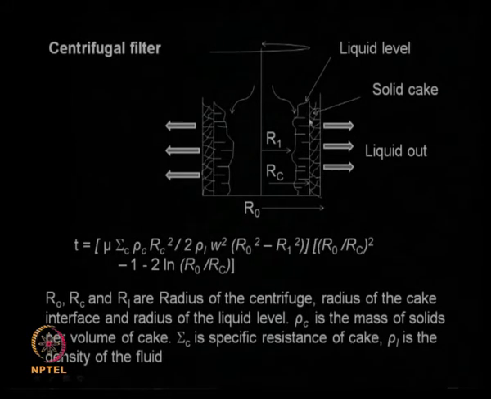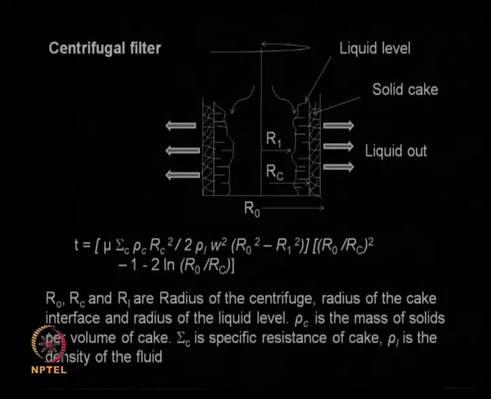The liquid flows through the solid bed that is formed and escapes out. So here the bed is in a cylindrical form, whereas in a flat filter the solid that gets deposited is in a flat form.